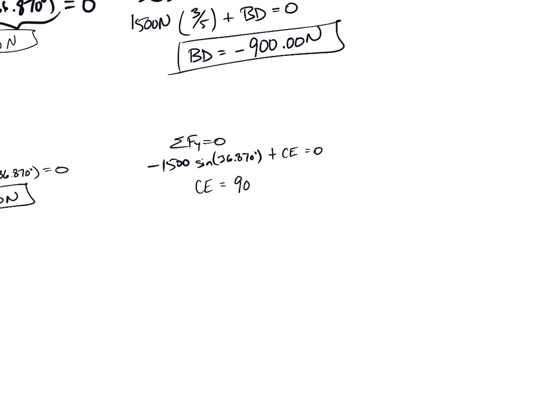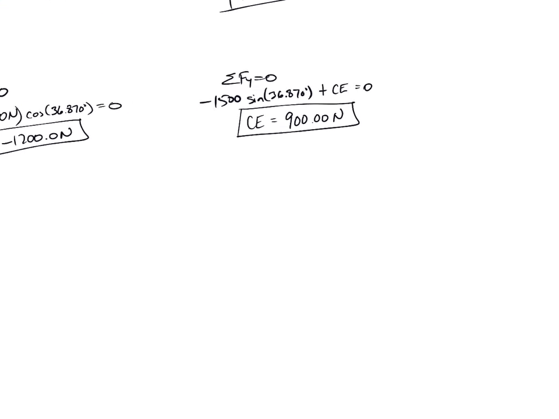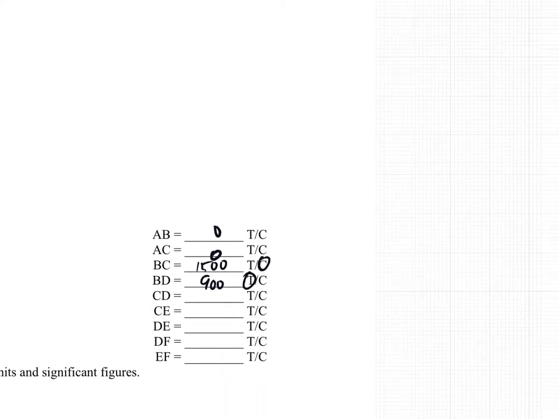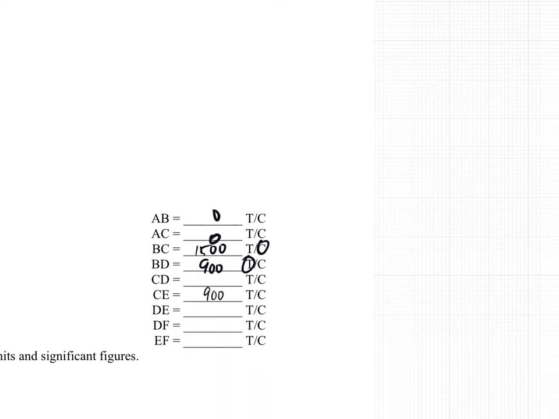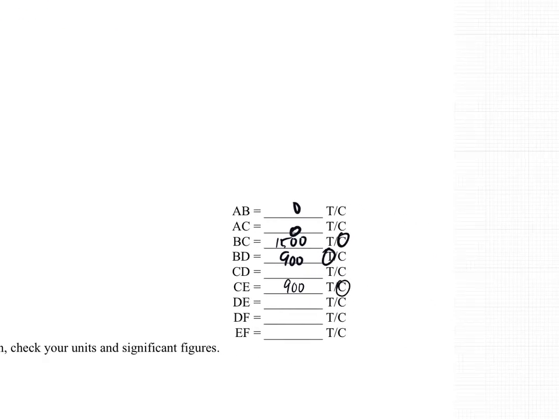It's going to be a positive 900 newtons. So CE is in compression and CD is in tension. CE is 900, that was positive, so that'll be compression. And CD was 1200 in tension.